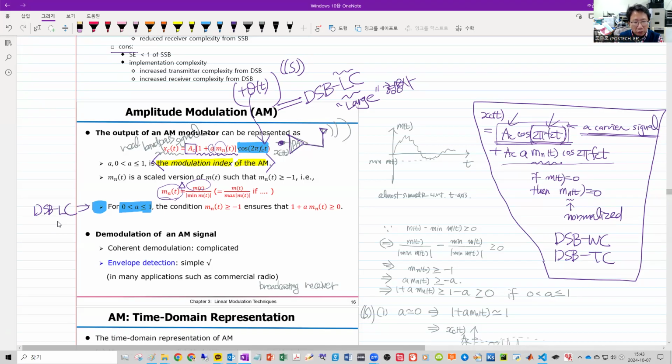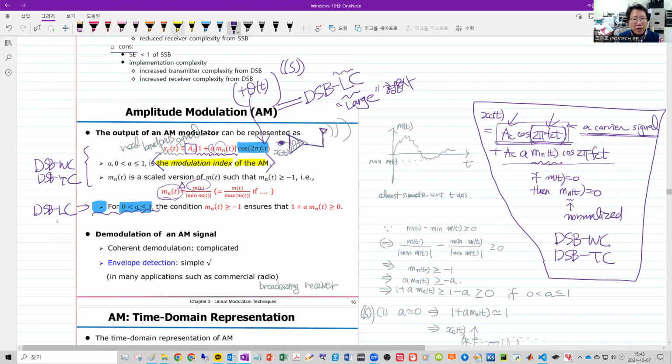And if we only have that one, we may say DSB with carrier or DSB with transmitted carrier. Got it? So this is the key to understand the difference between general double sideband with transmitted carrier and double sideband with large carrier, which is a smaller subset, or simply AM.